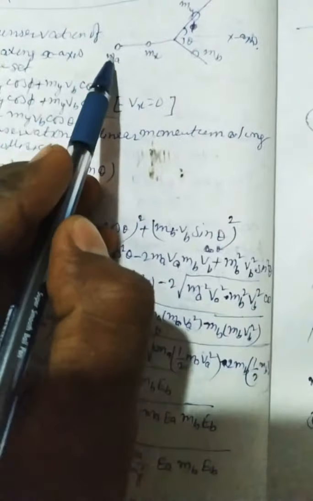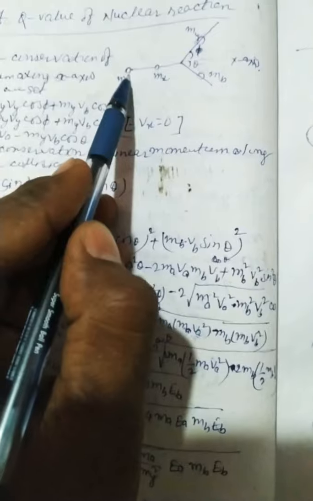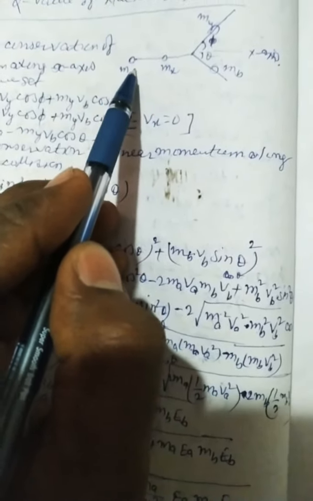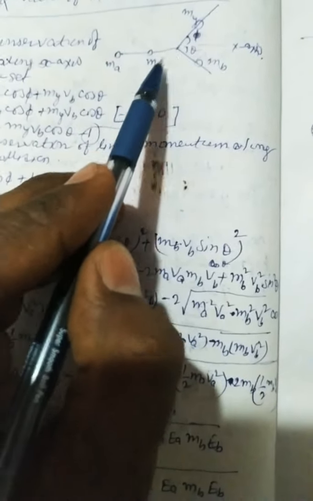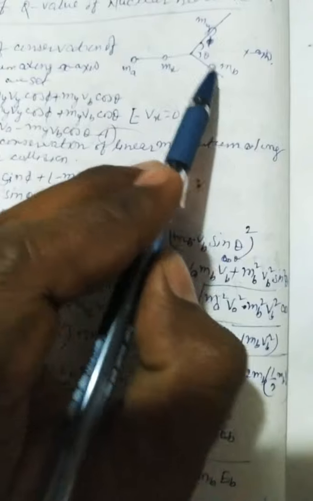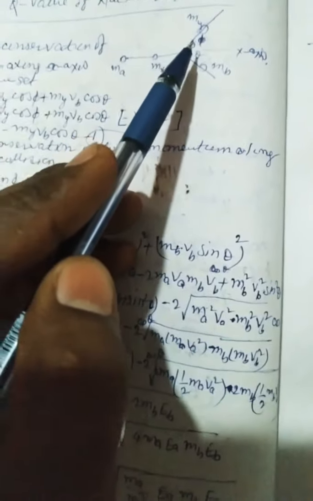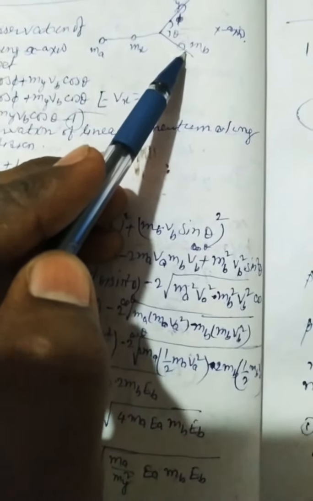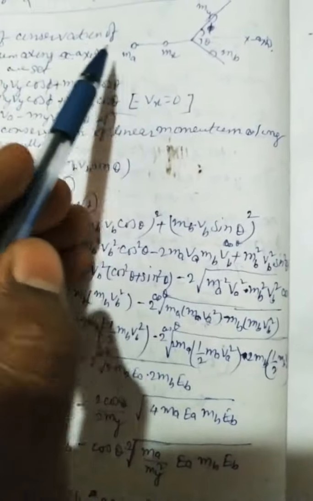Here we have the target nucleus, the projectile particle, the daughter nucleus and the outgoing particle.